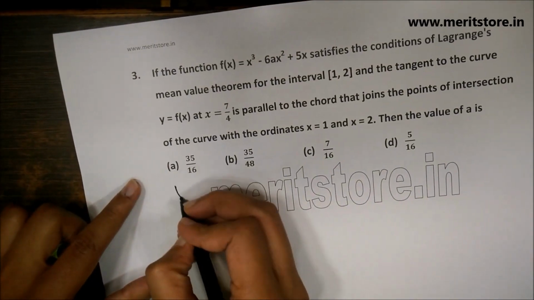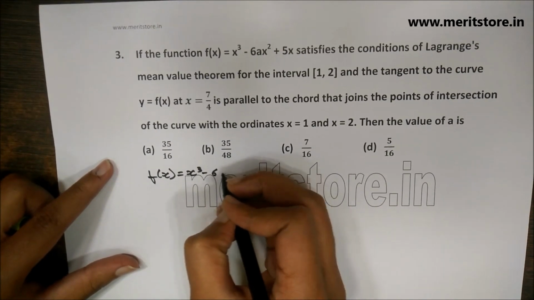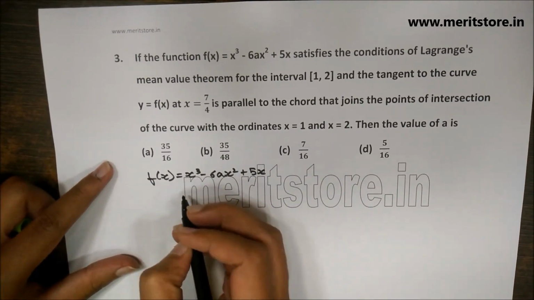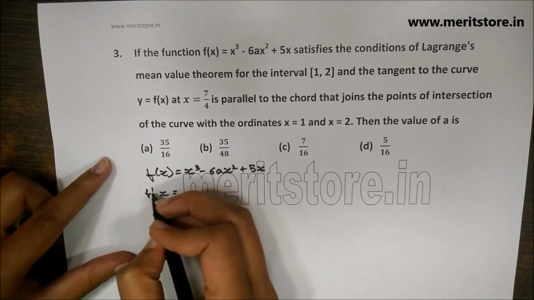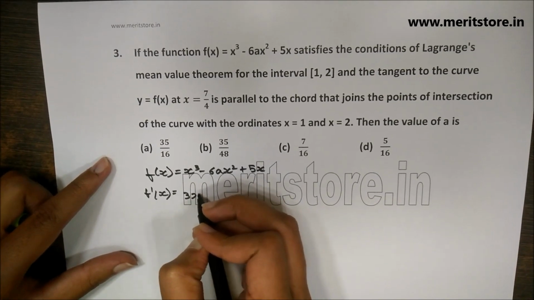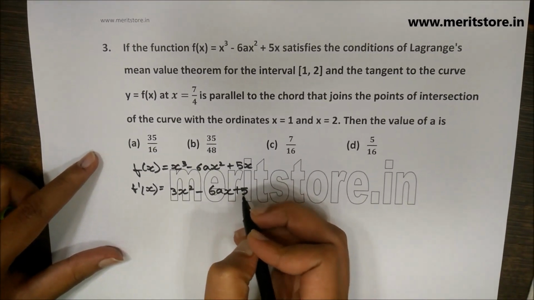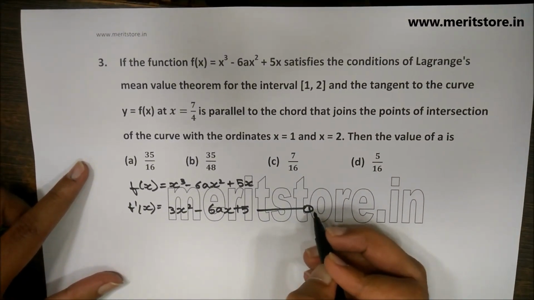So we are given the function x cube minus 6ax square plus 5x. Differentiating this function, f dash x is equal to 3x square minus 6ax plus 5. Let this be equation 1.